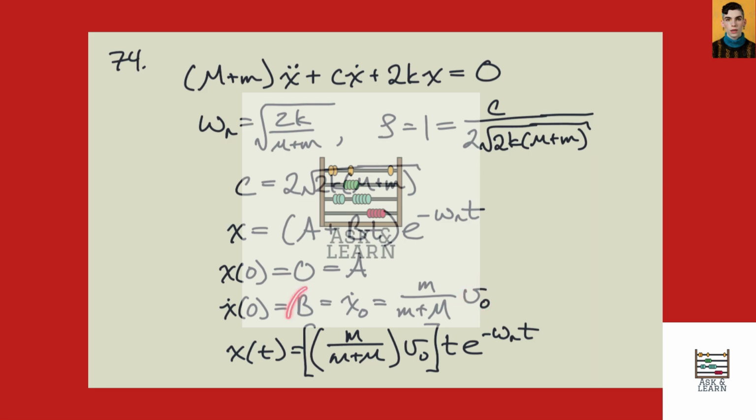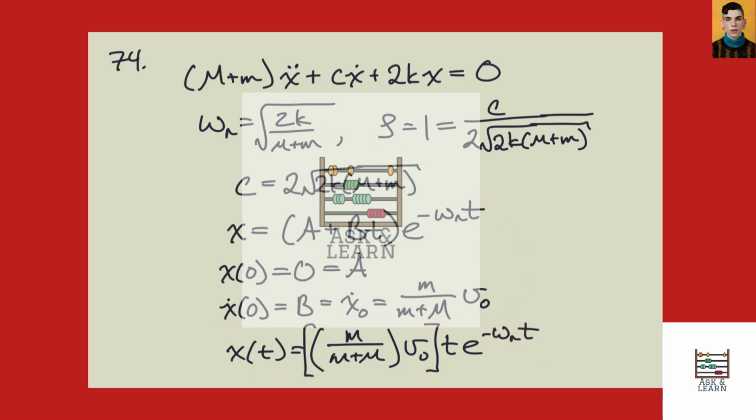If we take the time derivative of this and set t equal to 0, it just becomes B, and so B is this expression, and that means that our equation governing motion is here, and I didn't plug in omega n, but we can plug it in here.